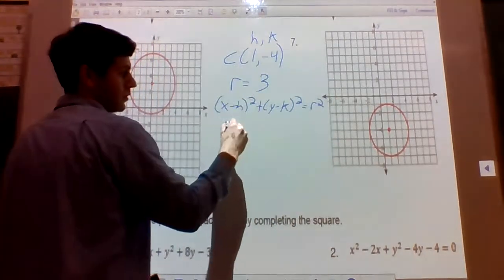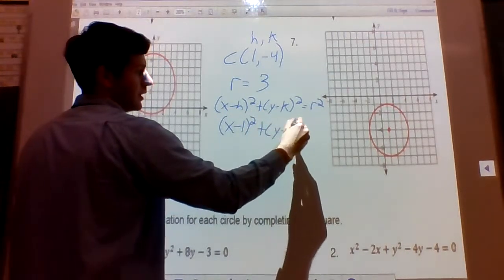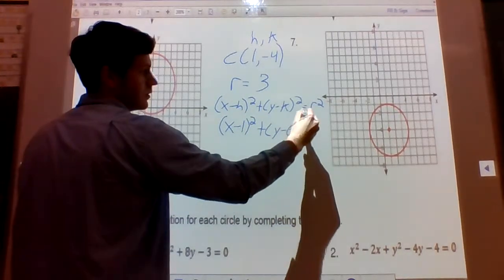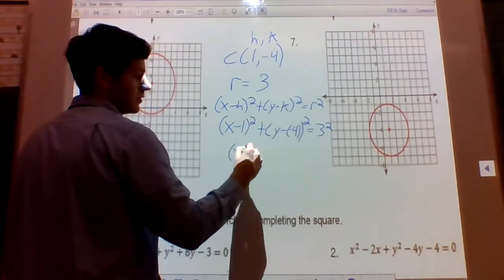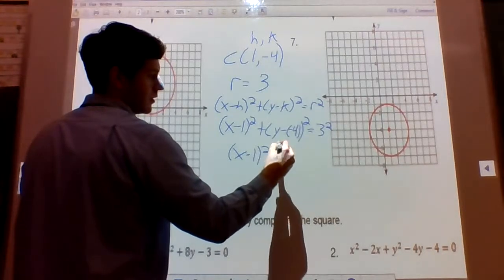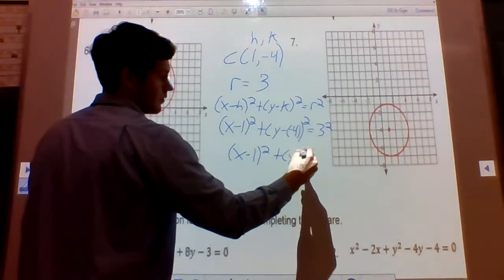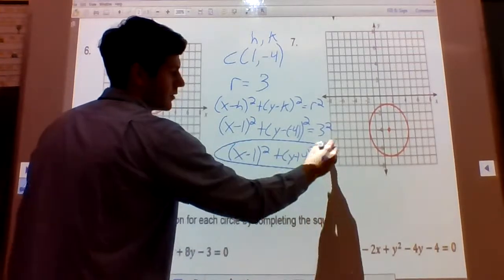So this is h. This is k. So h is 1, so x minus 1 squared plus y minus negative 4 squared equals 3 squared. So x minus 1 squared plus y plus 4 squared equals 9.